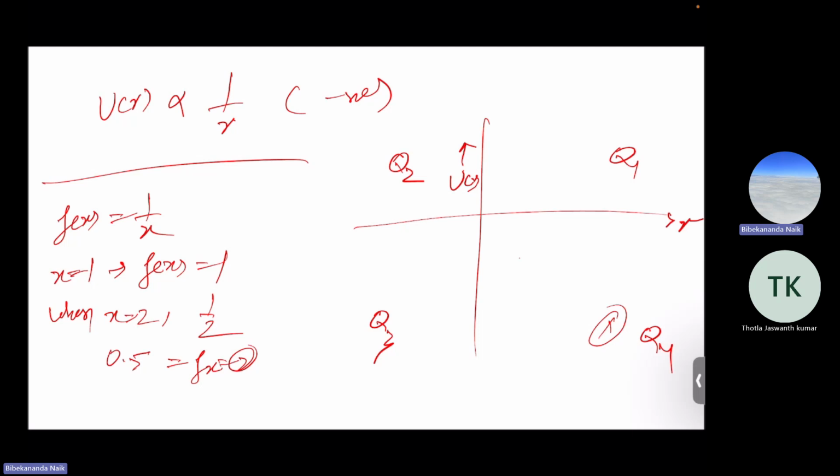Since it is negative, it will be minus 1 by x, so minus 1, minus 1 by 2, and minus 2. When x equals 2, it will be minus 1 by 2, it will be here. And when x is less than 1, the magnitude will be greater than 1, so it will be somewhere here. So the nature will be like this. So it is the form of 1 by x.